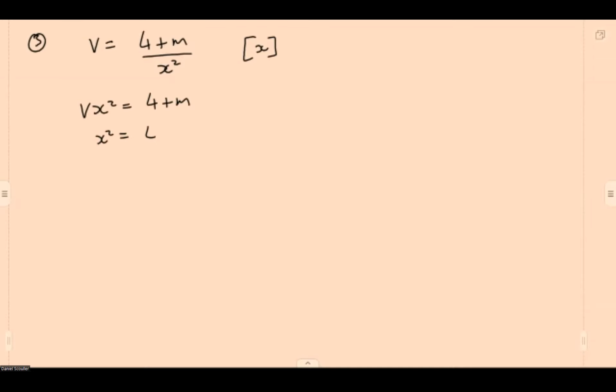Then we can tidy that up. Remember that root has to go all the way over every part of that. Very important.